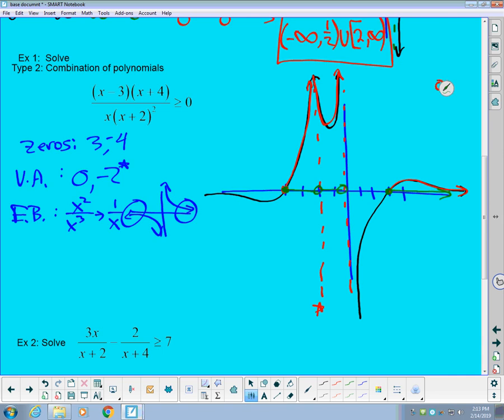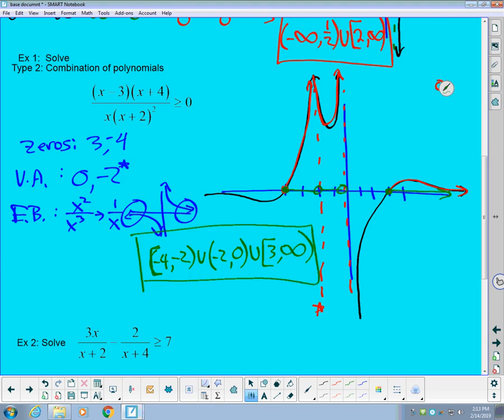So it's in 3 pieces, and my solution should be from -4 to -2. Should square bracket that -4 because that one does give me a 0 and it's a greater than or equal to. Need to go from -2 to 0, and from square bracket 3 on out to infinity. That should be my solution for that one.